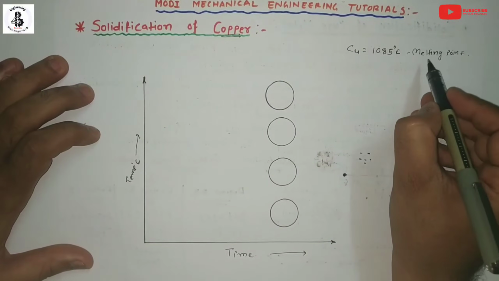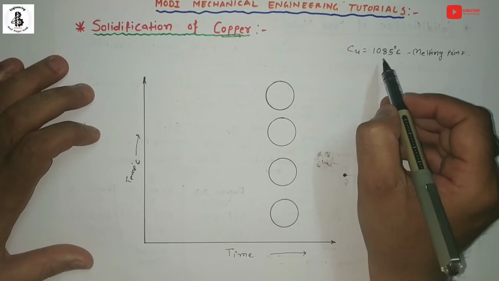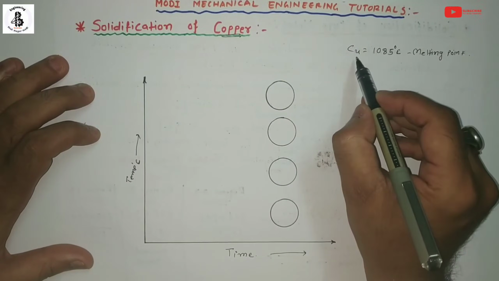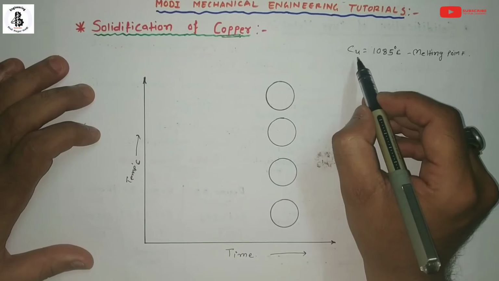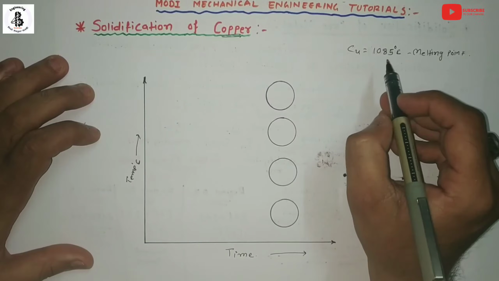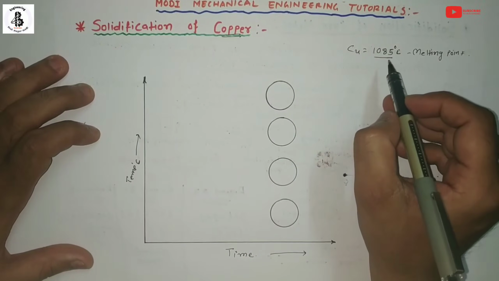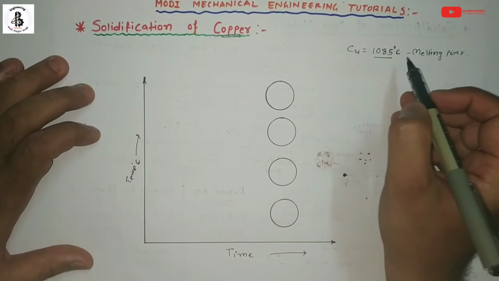According to the definition of the melting point, it is the temperature at which the material starts converting from solid to liquid, or you can say that above 1085 degrees centigrade copper will be in the form of liquid.